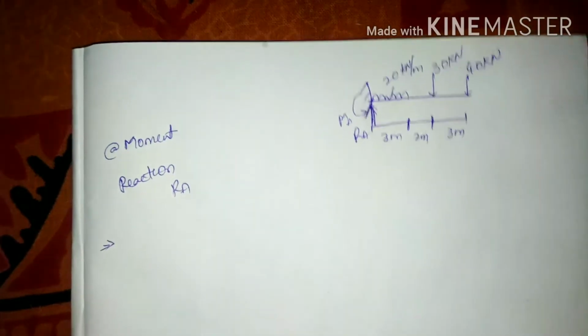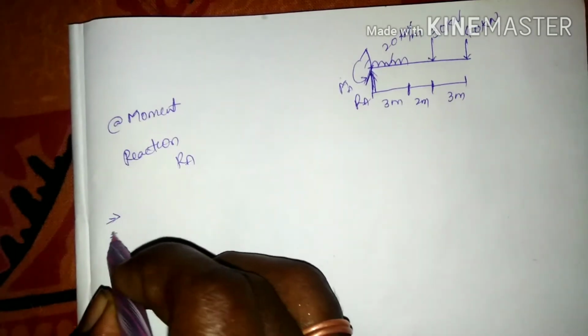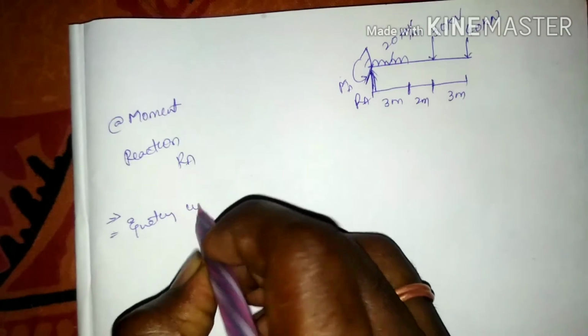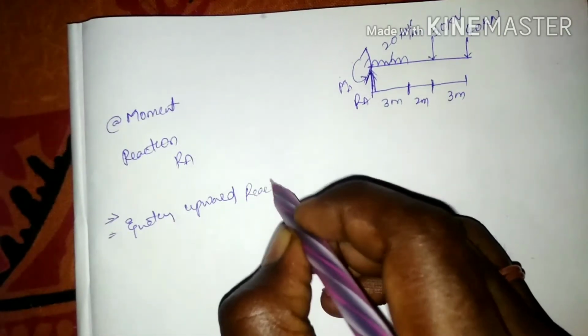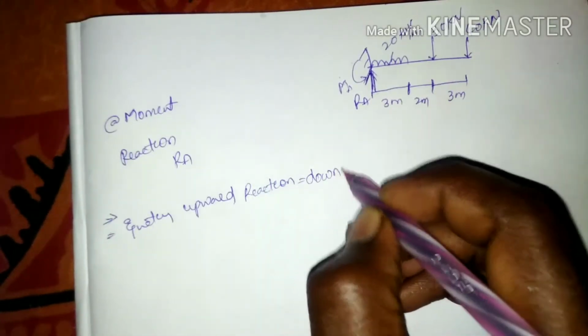So the equation number 3, that is our third step, equating upward reaction is equal to downward forces.